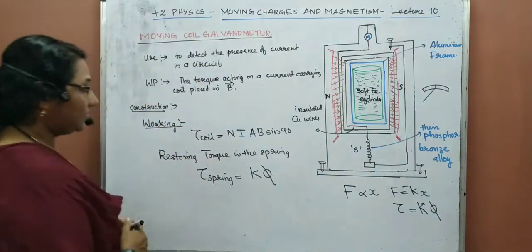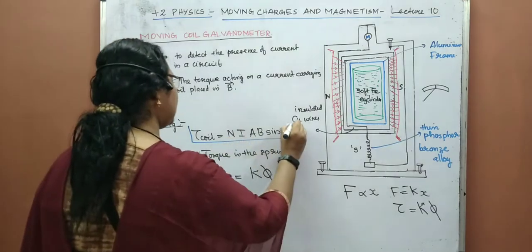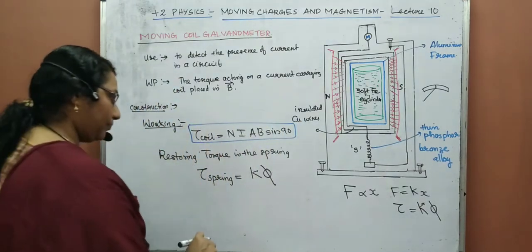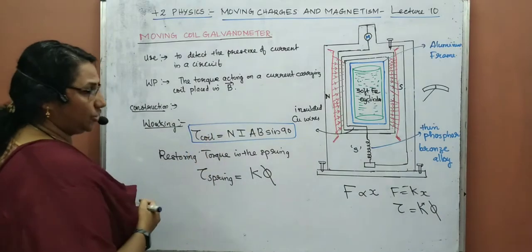Okay, listen, the torque in the coil is NIAB sin 90, which we already know. But due to the torque on the coil, the spring also begins to rotate.